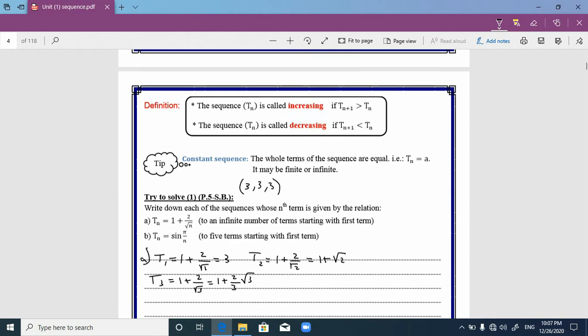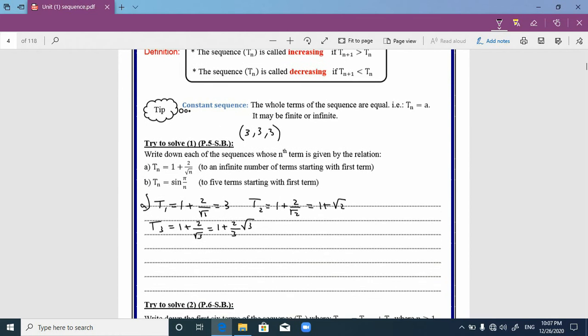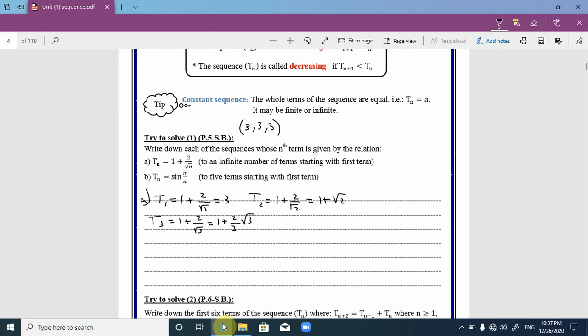So we can write the sequence as you see: Tn between brackets is the sequence. It will be 3 as the first term, 1 plus root 2 as the second term, 1 plus 2 over 3 root 3 as the third term, and so on to infinity.